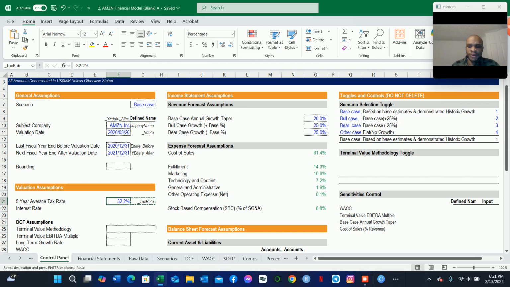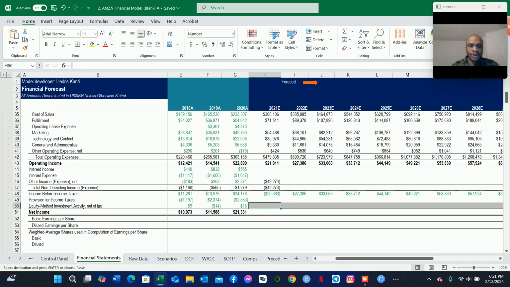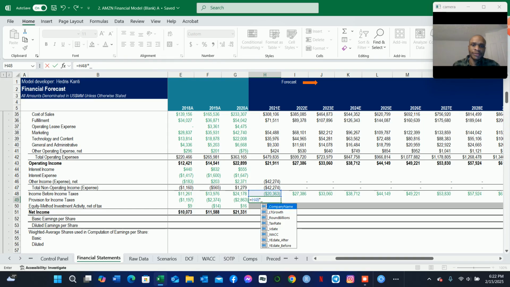So we can now switch to our financial statements, where the provision for income taxes is going to be equal to the income before taxes generated in that period, multiplied by underscore tax rate.